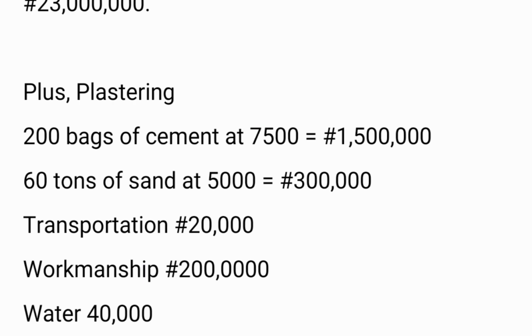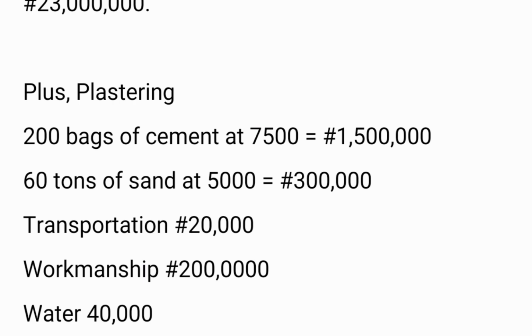Because if you have a building that's so spacious, that is not a regular size room, and every room has toilets with other things, designs on it, definitely you'll be needing more bags of cement. Okay, so here we worked with 200 bags of cement for the plaster at the rate of 7.5, and that will give you 1.5 million.